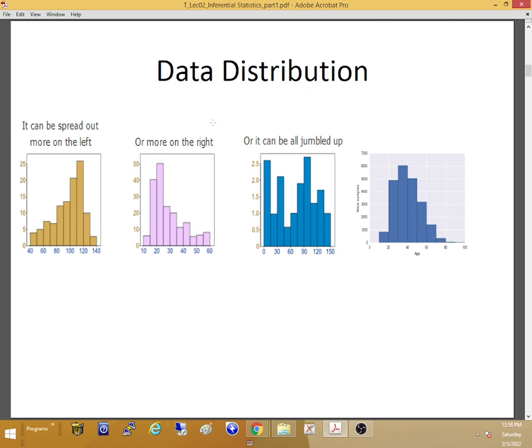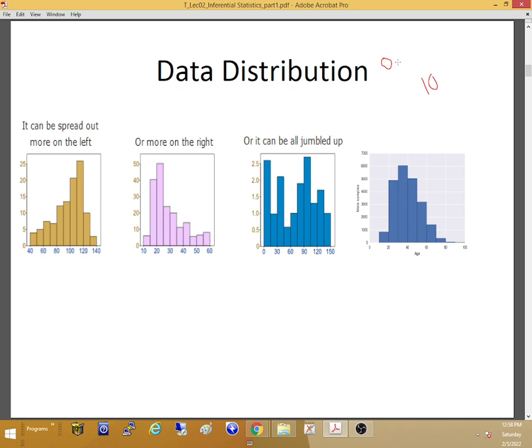If we draw the histogram from the data, I think we know how to make the histogram. Maybe the total amount of data is 100 samples, so we can make 10 groups. The first group will consist of numbers within 0 to 10, and the second group 10 to 20, like this kind of interval.